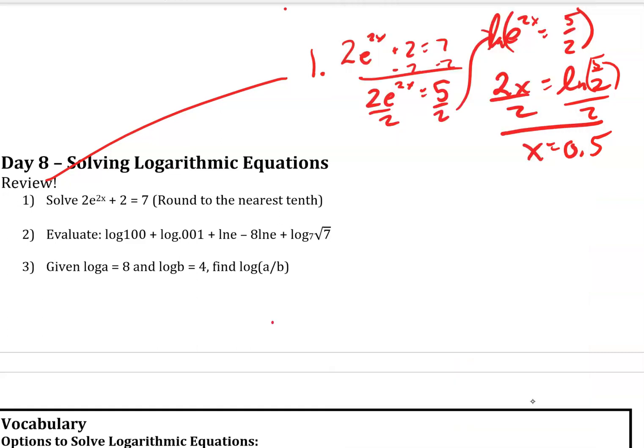Well, let's put this in our change of base formula. So we're going to have the log of the square root of 7 divided by the log of 7. Now we have the same base. Instead of using that log base 7, we use change of base to use just log. You could also have used ln, for example.